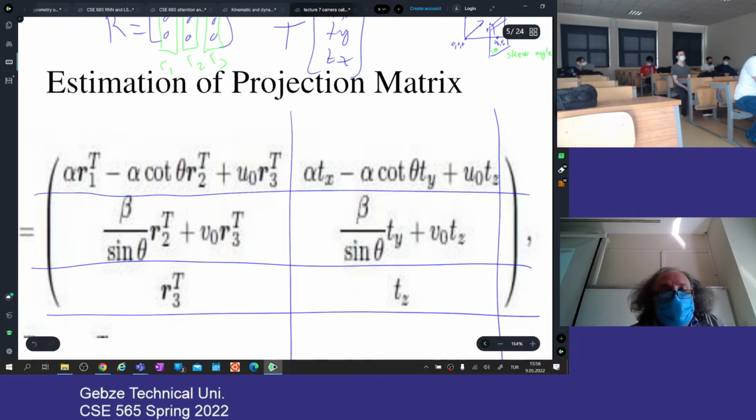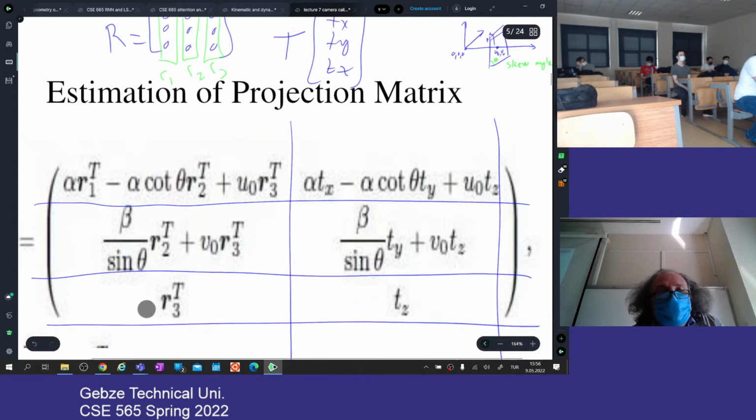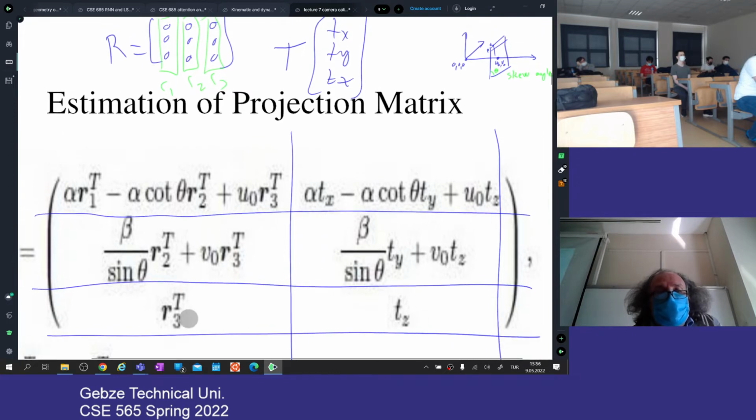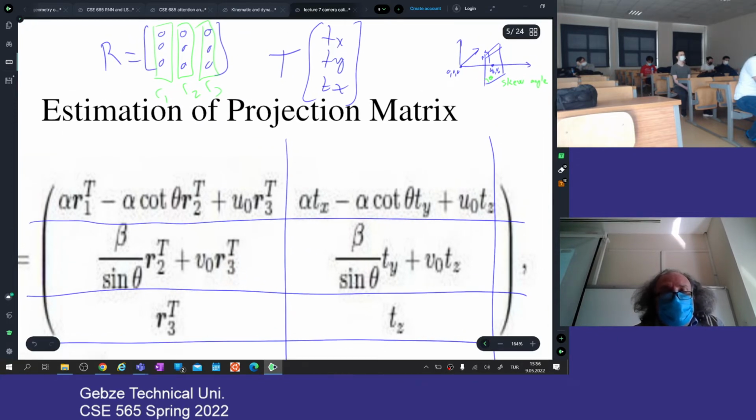I take the third column and transpose it, so it becomes a row vector with 3 elements. It is called R3 transpose. How about this one?